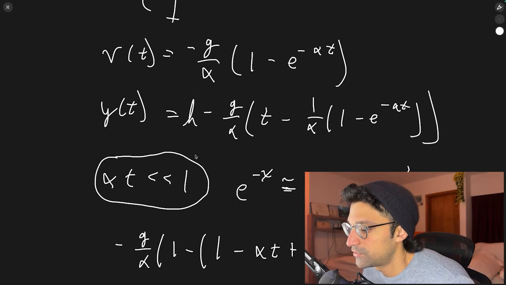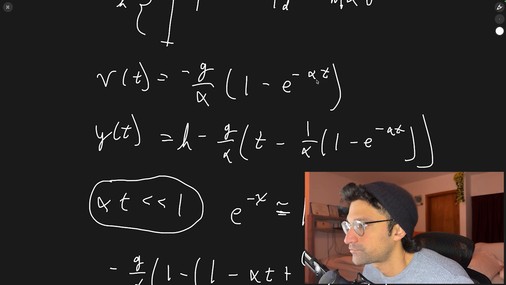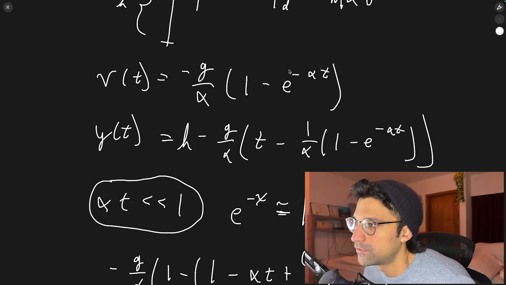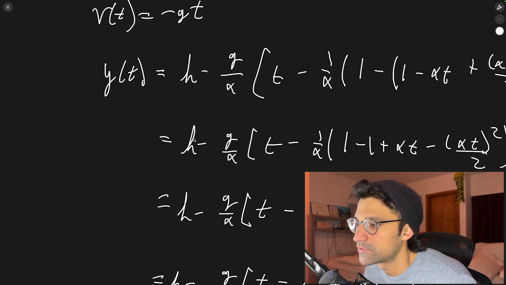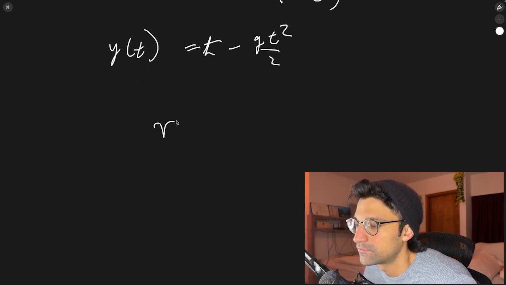So basically what's going to happen is, if this is really big, this is going to be e to the minus infinity, which is 1 over e to the infinity, which is like 1 over infinity, which is 0, right? So this term is going to vanish, and we're left with negative g over alpha, right? So negative g over alpha for t really, really big.